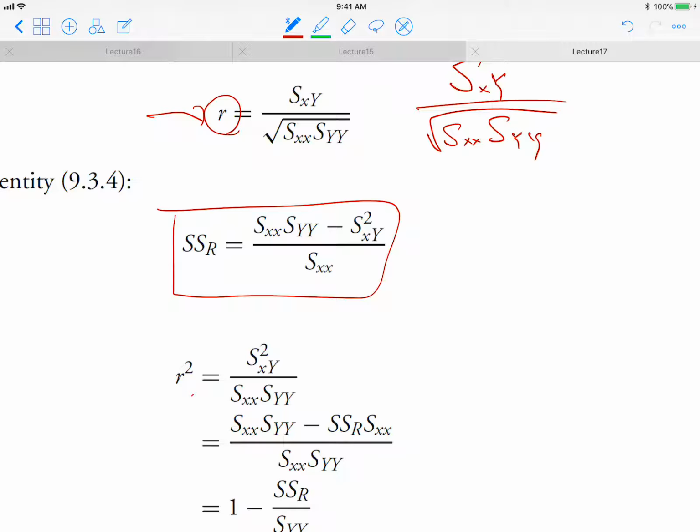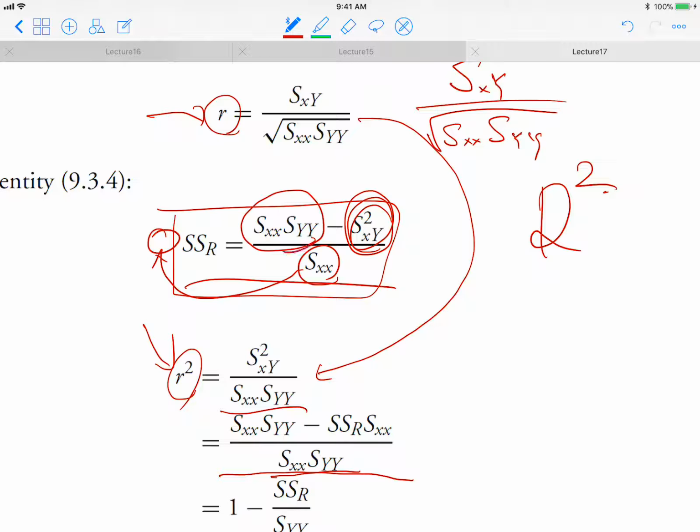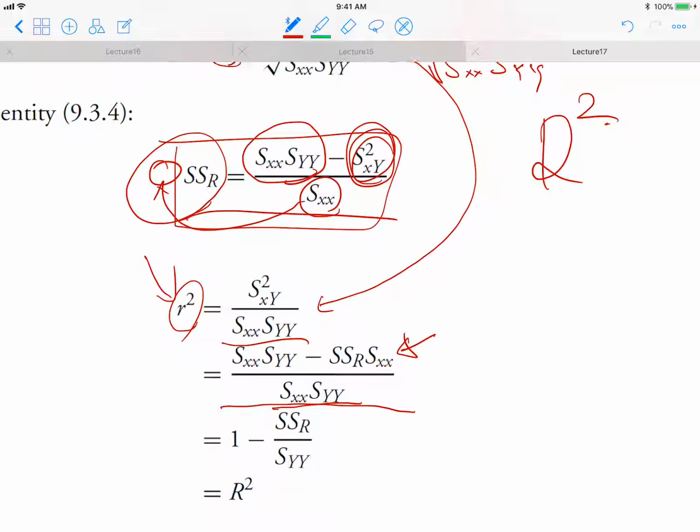Let's take the square of it, and this is not R squared yet; it is just the squared value of the correlation coefficient. It can be represented in this manner because it can be moved to the other side, and this value is represented by this minus this, and that's why we have this numerator.